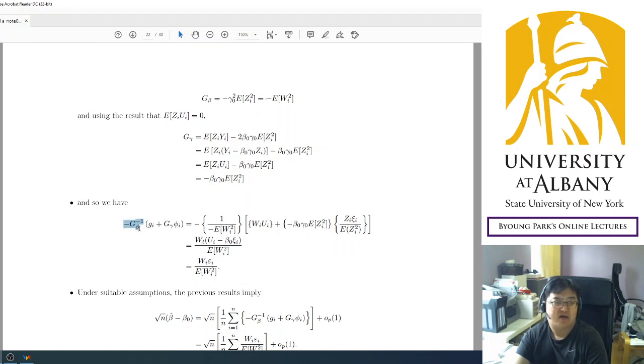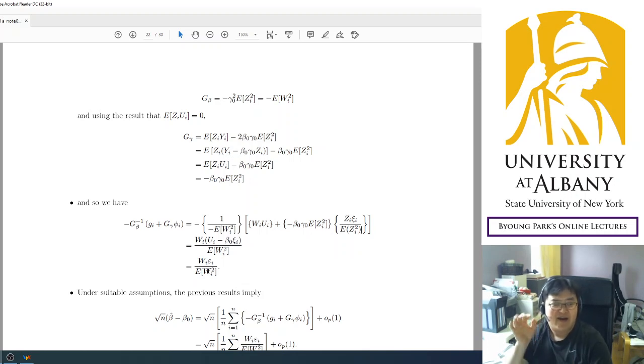G beta is this, so one over that G beta, and small g is WU, and large G gamma is this, so write that, and phi, the influence function of the first stage estimator, which we also derived. It tends to be a little more complicated, but you may cancel out a lot of things, and it's easy to see that finally it becomes very simple.